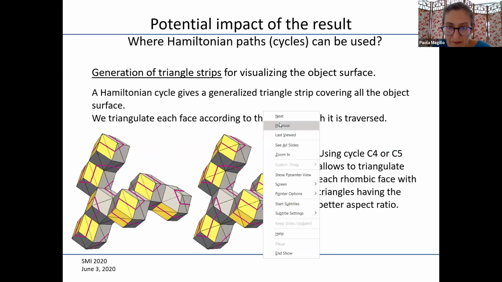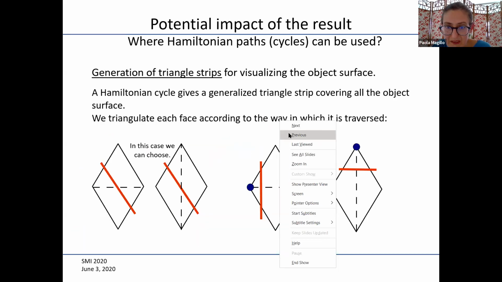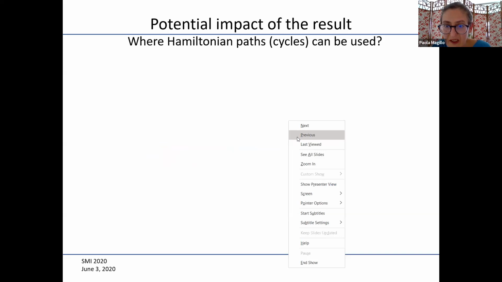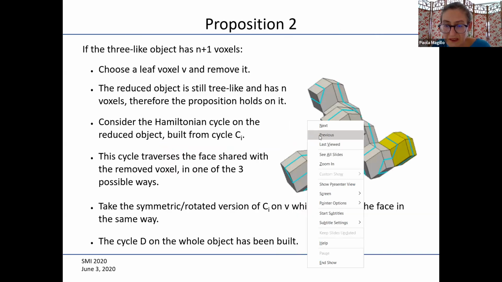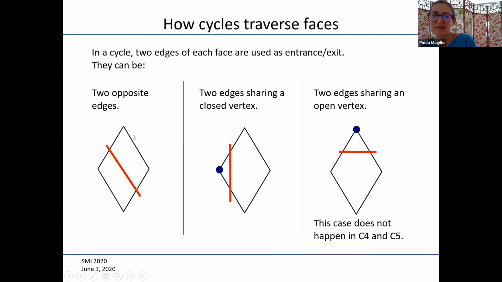So if you have a specific application in which some properties are needed, for example, let me go to the previous slide. If you look, the idea of having 5 could be also useful.